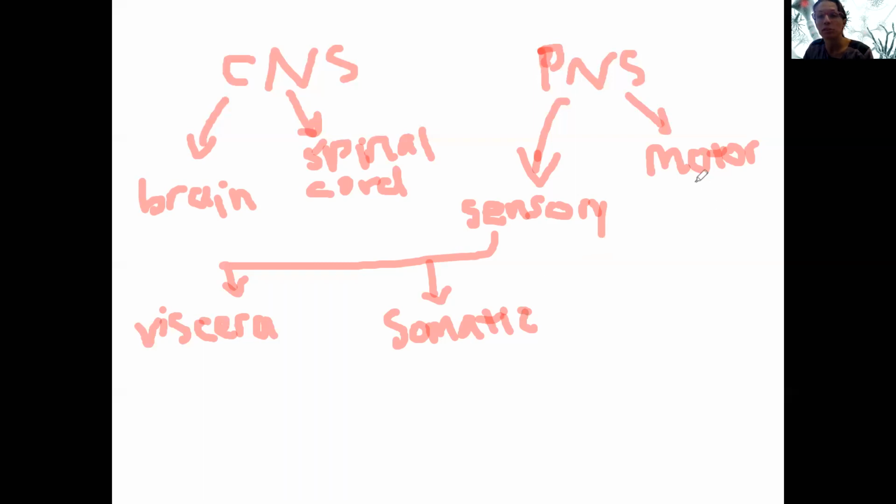Then for the motor division, we've got the same too, actually. I don't know if I'll have room here, but this one down here, we've got the visceral. Visceral is the same thing as autonomic. I'll put visceral, I meant to do that. Visceral, and then somatic.